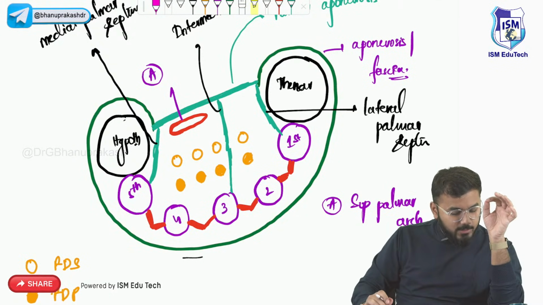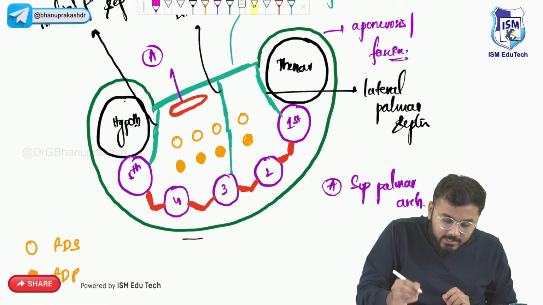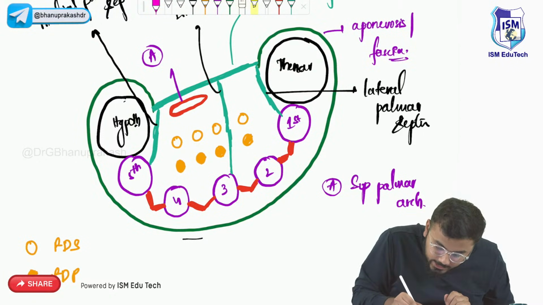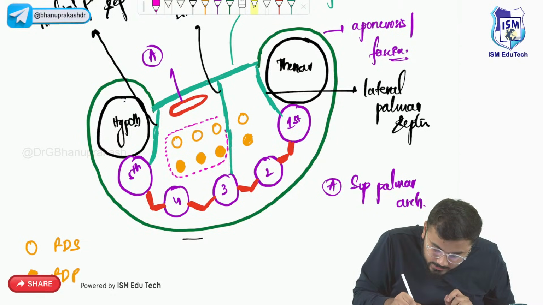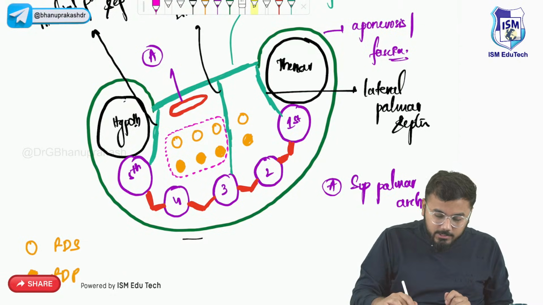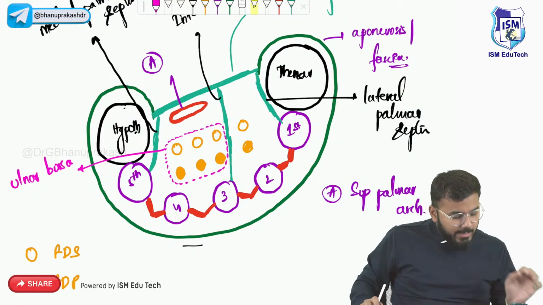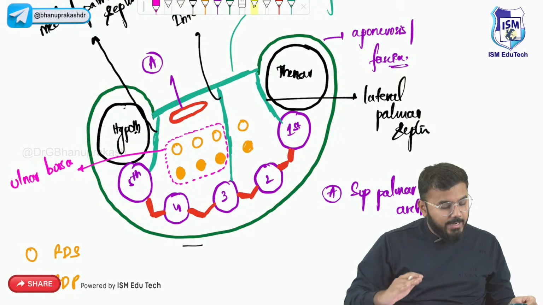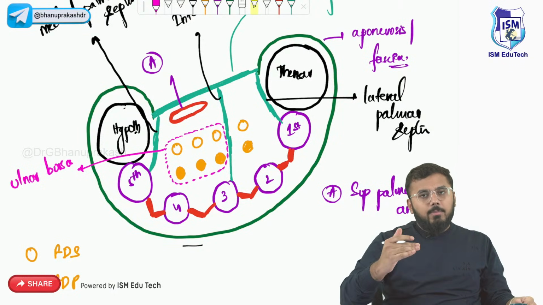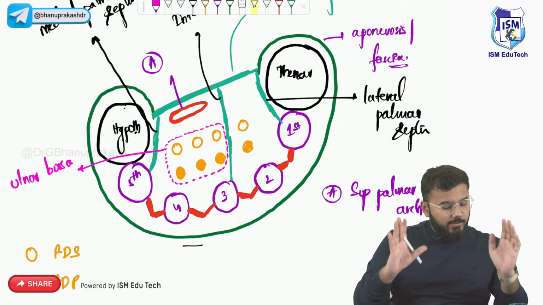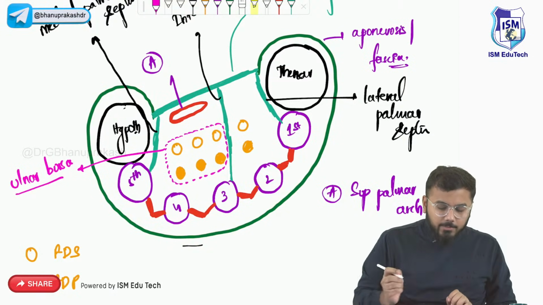Very good, Muskan. Ulnar bursa. So the same thing I am going to do here: flexor digitorum superficialis and profundus are covered by this pink color bursa. This is called the ulnar bursa. Naresh, I will post the notes completely once I finish the upper limb, in a single folder, in a single PDF. So this is the ulnar bursa.